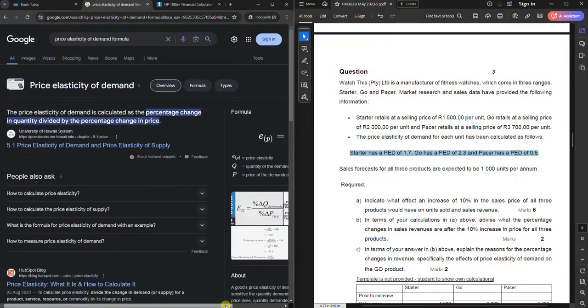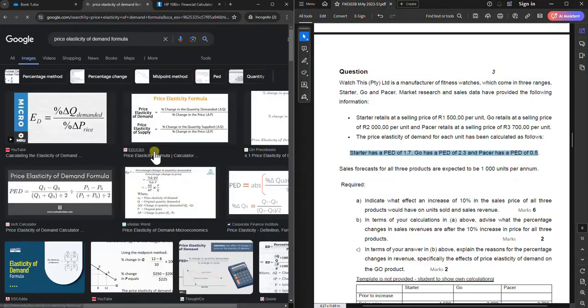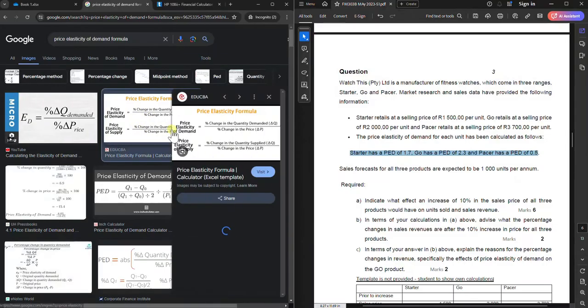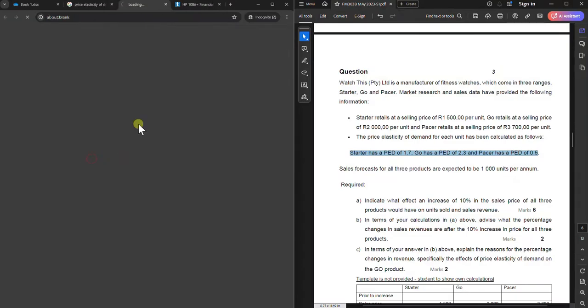Yes, something like that. Let's just double check it. Okay, yeah, there we go. Price elasticity of demand, quantity of the demanded good, price of the demanded good. We do the percentage change in quantity over the percentage change in price. Let's use this. Equals. Yeah, that looks better. I like that formula. That's what we use. Good.